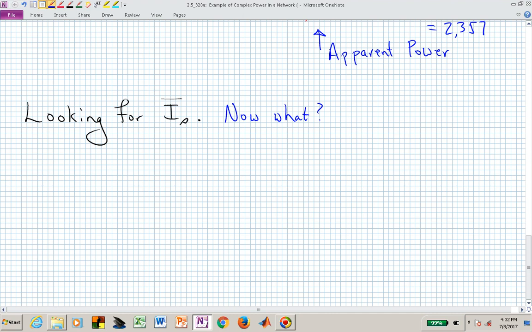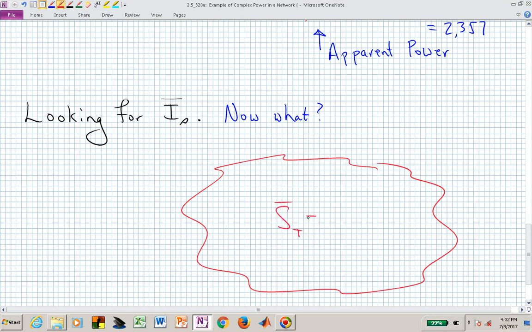And what we're really doing, if I illustrate this maybe with a picture, is we now have all of those loads in aggregate looking like 600 minus j800 volt-amperes.